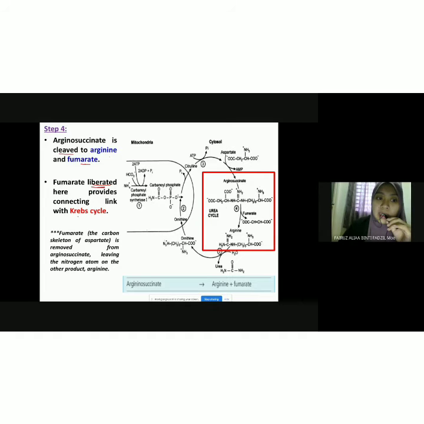And then it will link to the Krebs cycle later on. In this diagram, arginosuccinate will be cleaved into fumarate and also arginine. Fumarate will be released, arginine will be further used to produce the urea.